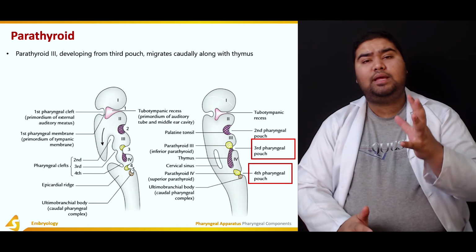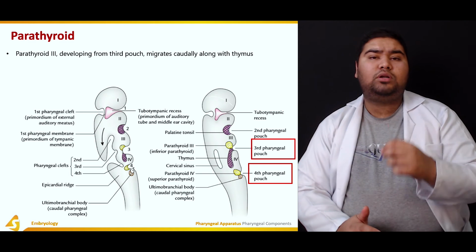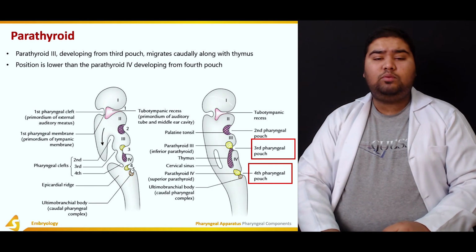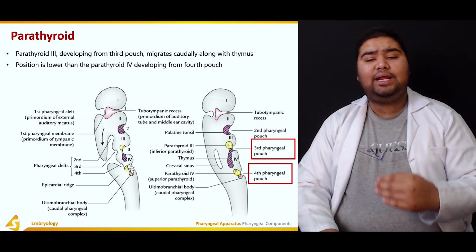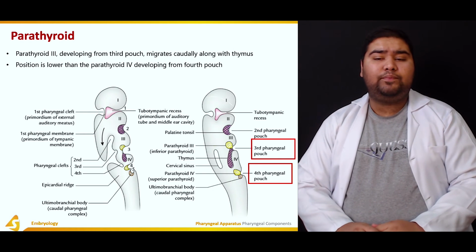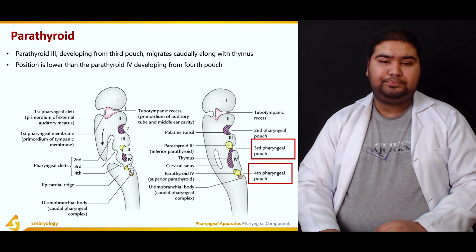As a result, its position is lower than parathyroid 4, the superior parathyroid gland, which develops from the fourth pharyngeal pouch.